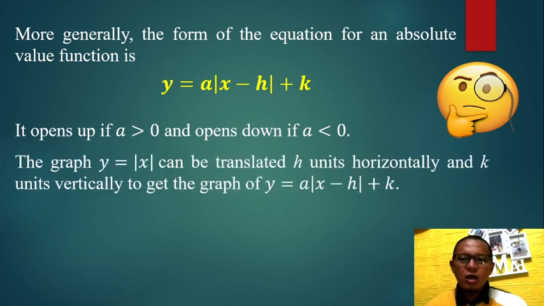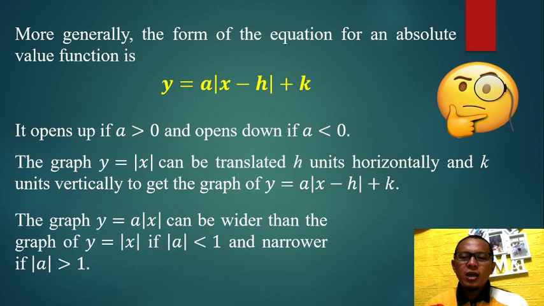And the graph of y is equal to the absolute value of x can be translated h units horizontally and k units vertically to get the graph of y is equal to a multiplied to the absolute value of x minus h plus k. And the graph of y is equal to a times the absolute value of x can be wider than the graph of y is equal to the absolute value of x if the absolute value of a is less than 1.